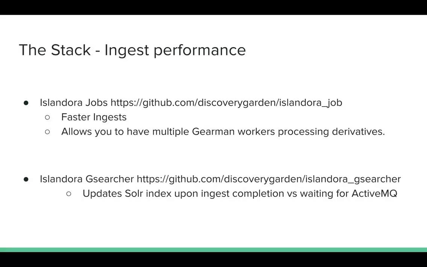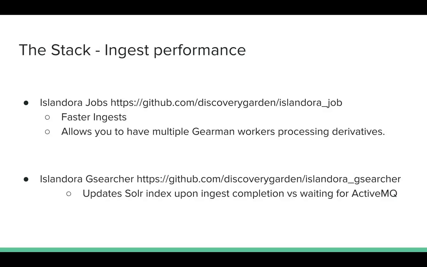That is not necessarily always the case. If you have a very large job running, you might have a backlog of messages in your ActiveMQ that G-Search is chewing away on, and it could take a long time for the Solr index to be completely updated, or it may never completely update if you're constantly ingesting content.